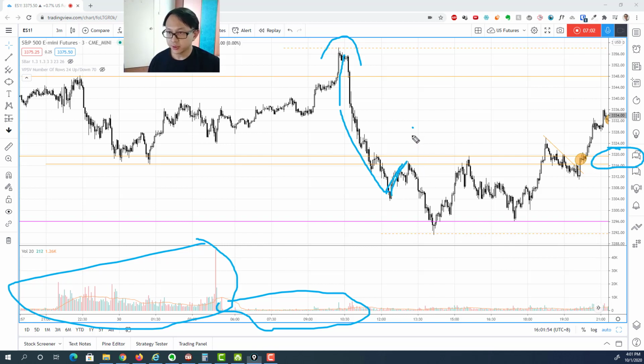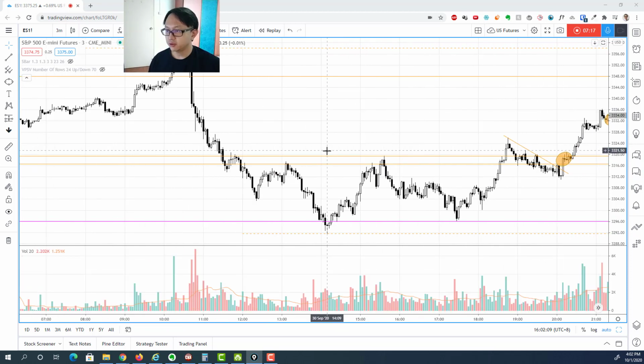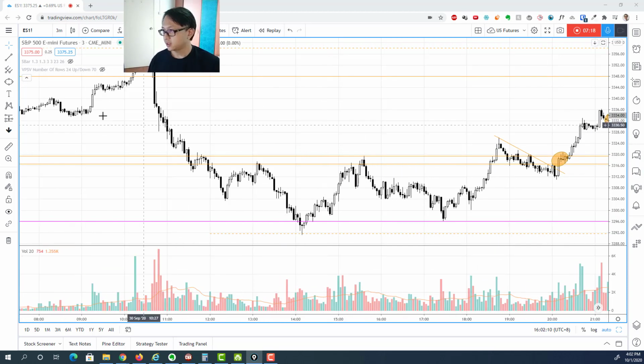test the support as a resistance, get rejected, and eventually come down and test the next support level at 32.95. So this is how it went. And let me just zoom in a bit more. One thing that kept my attention is definitely the spike of the supply level together with the bearish results.